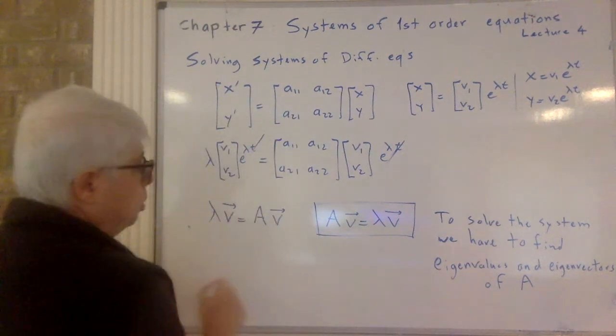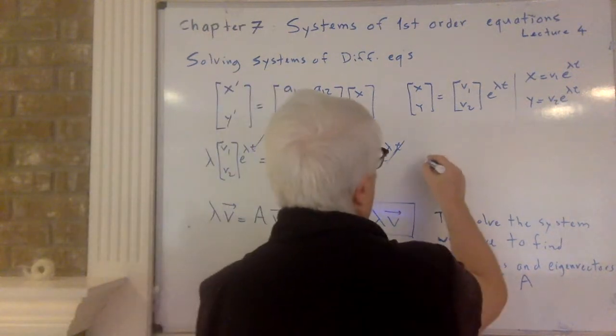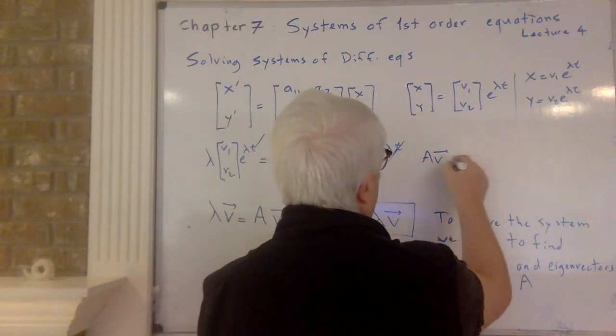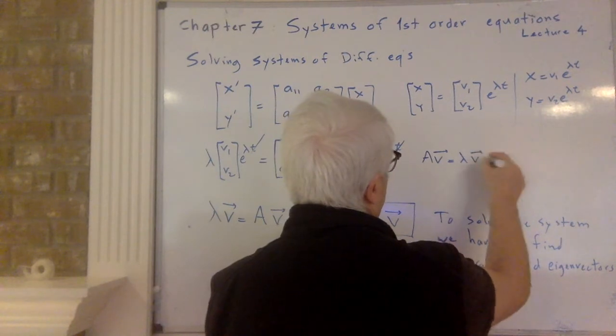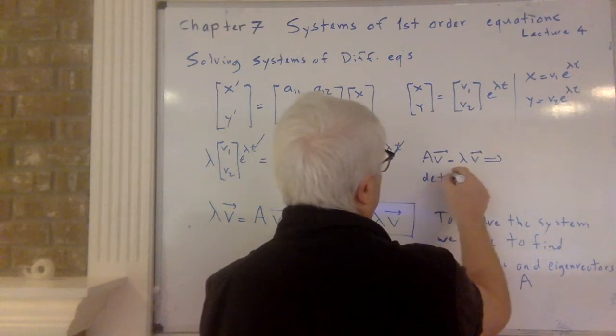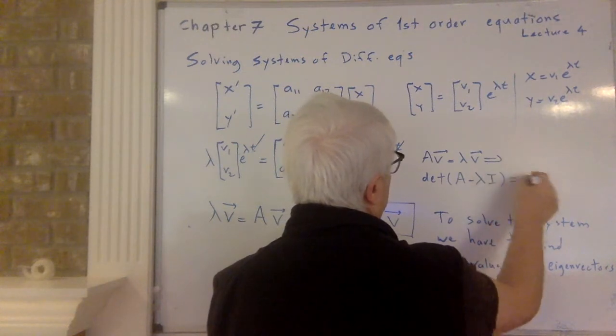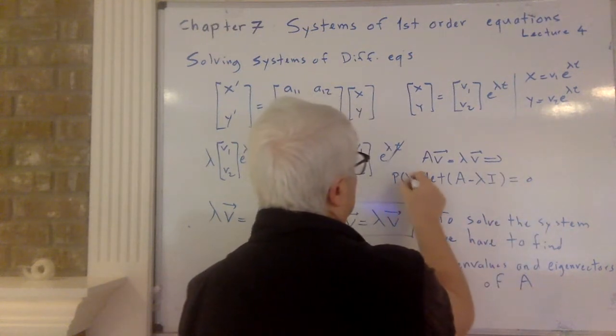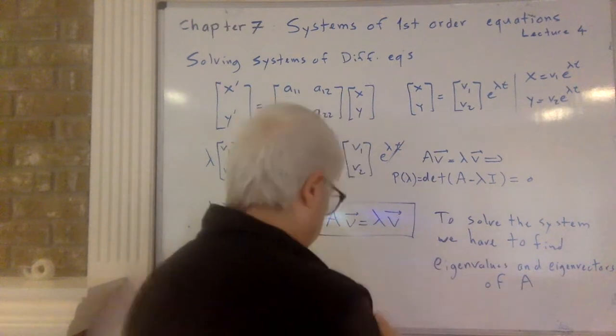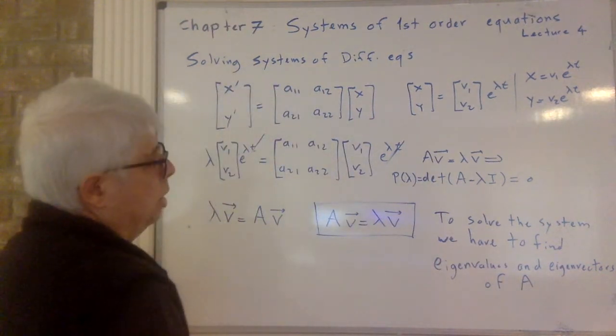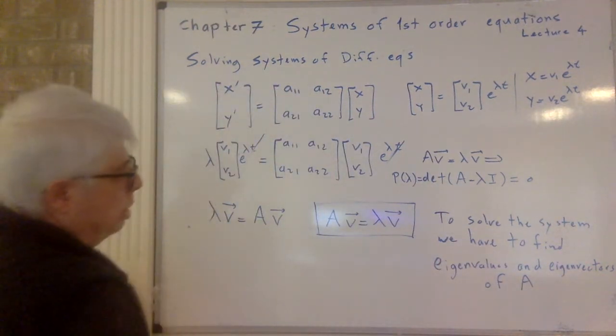For 2 by 2, A v equals lambda v, remember, results in the determinant of A minus lambda I equals 0. This is the characteristic equation, right? And that's a polynomial in lambda.